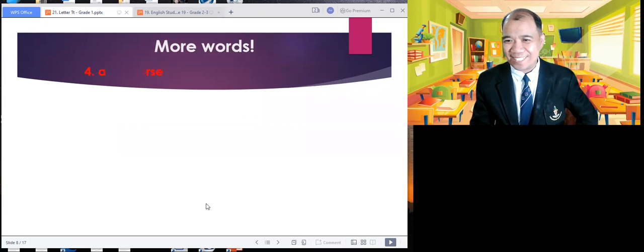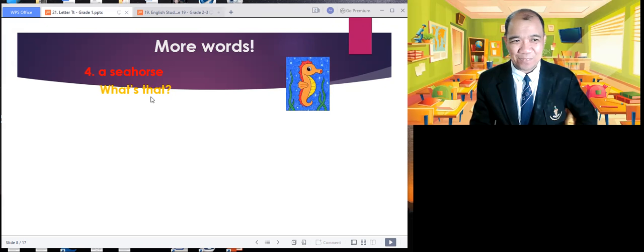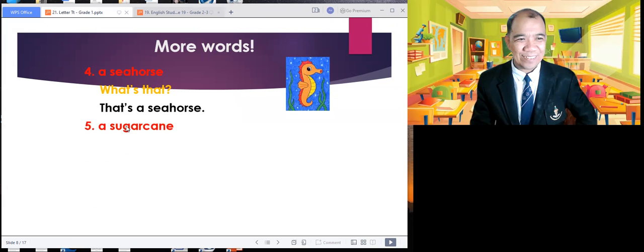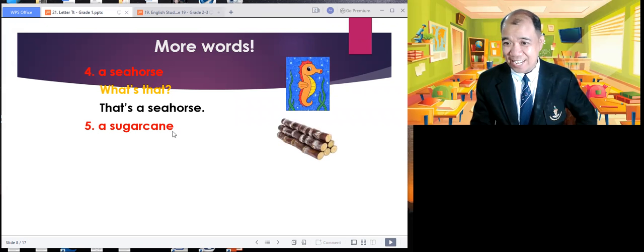Okay, more words as we continue. A seahorse. What's that? That's a seahorse. A sugar cane. What's that?